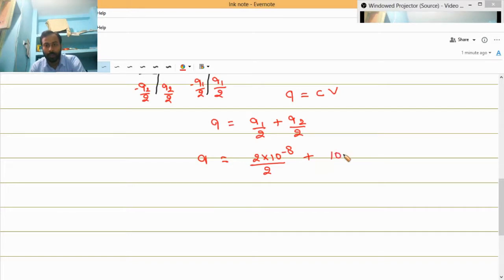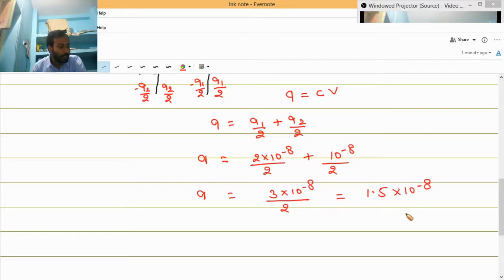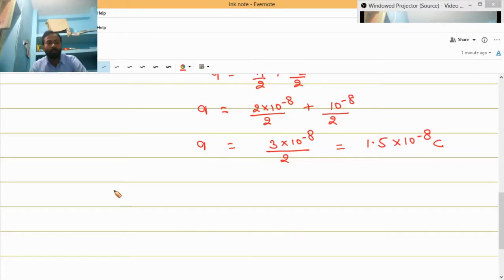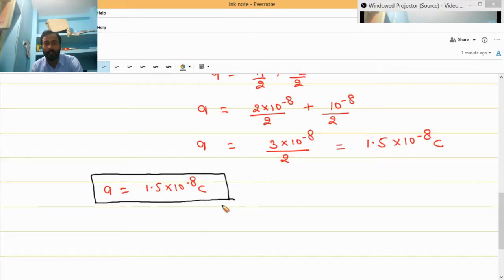We are bothered with magnitude only, so no need to worry about sign here, as we have already taken care of sign. So the Q value will be 3 × 10^-8 upon 2, which is 1.5 × 10^-8 coulomb. This value is the total charge of the given capacitor.